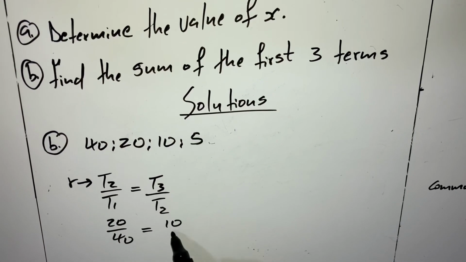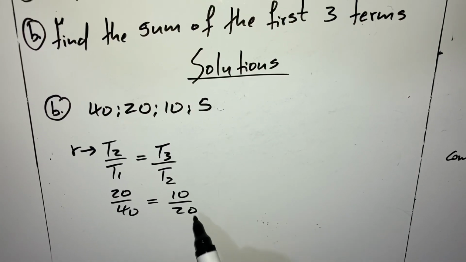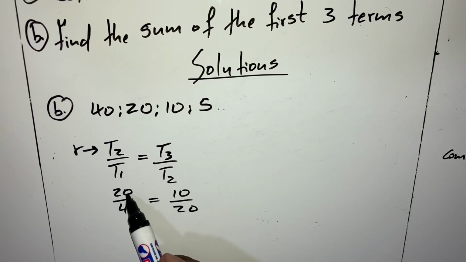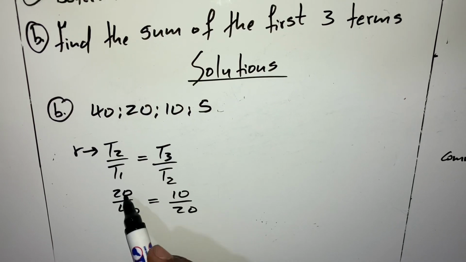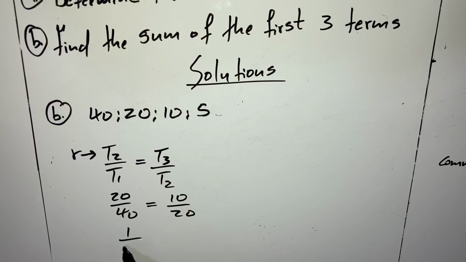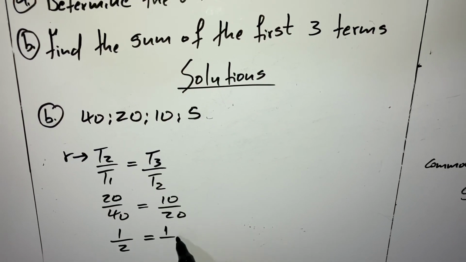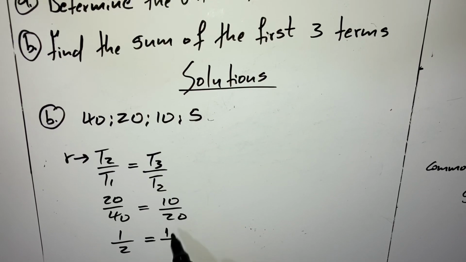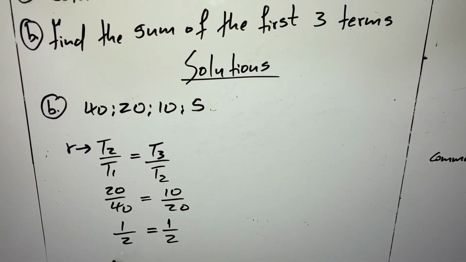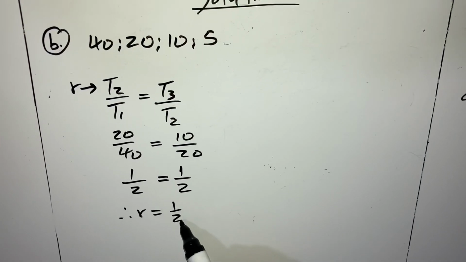T3 is 10 all over T2, which is 20. How many 20s are in 40? We have 2. How many 10s are in 20? That's 2. Therefore, our r is 1 over 2.